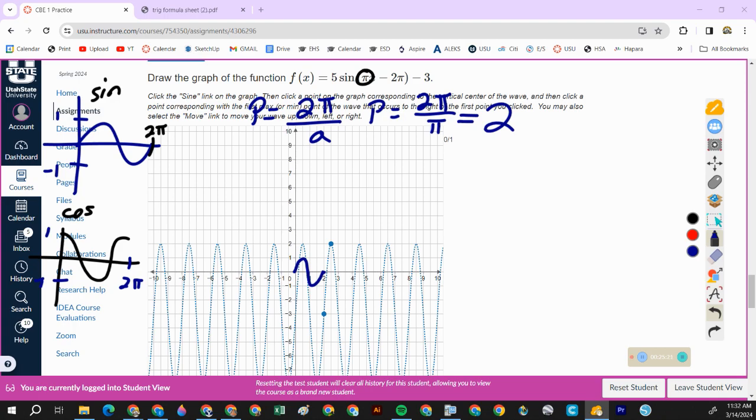Okay? But it has been shifted all over the place. We know we have a horizontal translation to the right because we are subtracting inside. However, the horizontal translation is not 2 pi, and this is the hard part. What we need to do to figure out the horizontal translation is pull out a pi. So 5 sine of pi times x minus 2, and then minus 3.